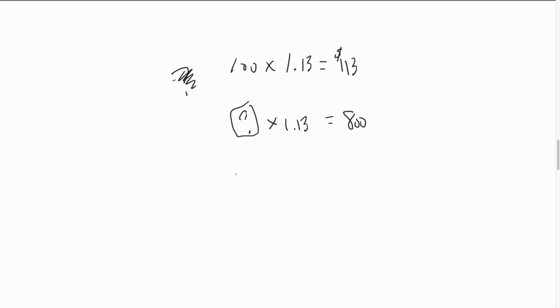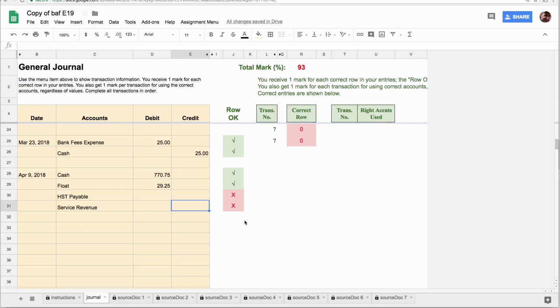Well, it's simply the mysterious amount we don't know about is equal to the amount we collected divided by 1 plus the tax rate, or in this case, 1.13. And that's how we figure out what our actual revenue is, in other words, the ticket price. So that's going to be $800 divided by 1.13, or $707.96, which means our HST payable, which is always 13% of this, is going to be $92.04.